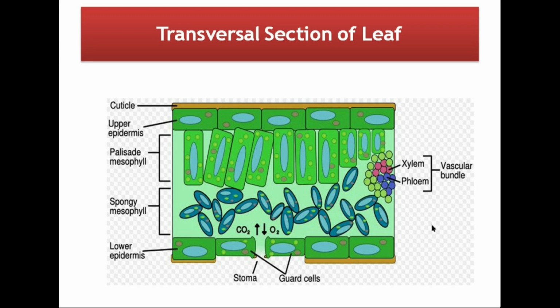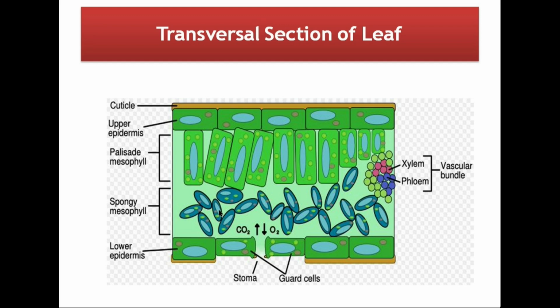Between these two epidermal layers, a loosely packed tissue called mesophyll is present. The mesophyll is differentiated into palisade parenchyma and spongy parenchyma. The palisade parenchyma is closely packed without intercellular spaces and contains more chloroplasts than the spongy parenchyma.